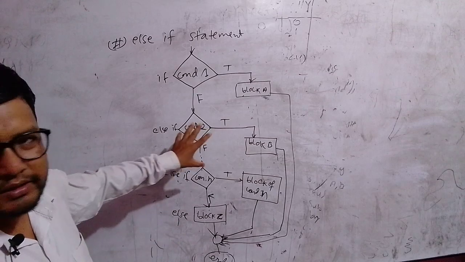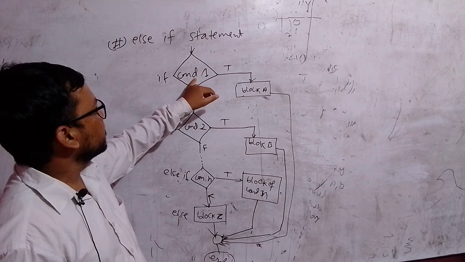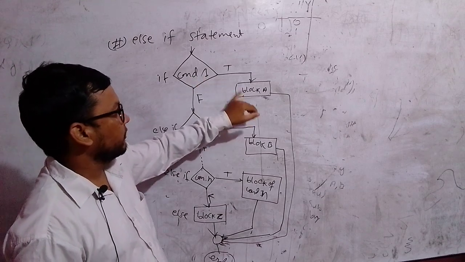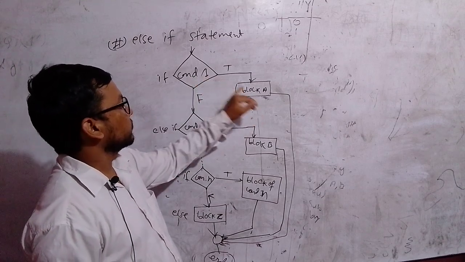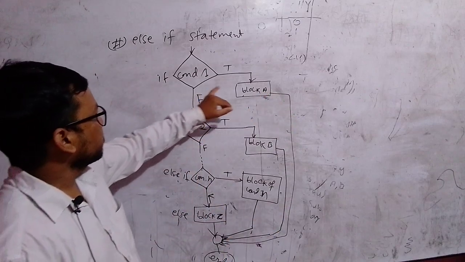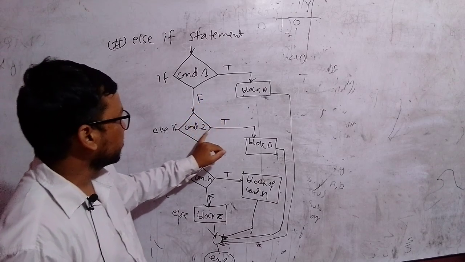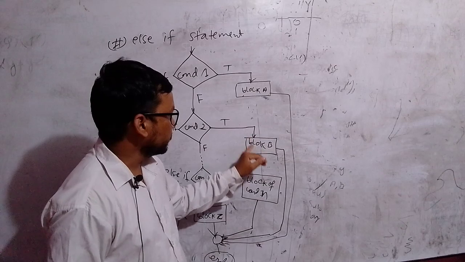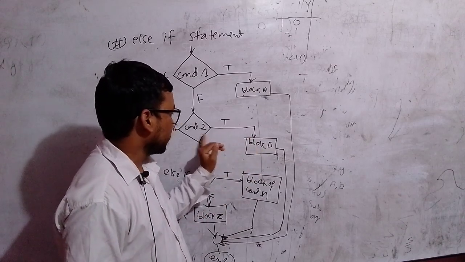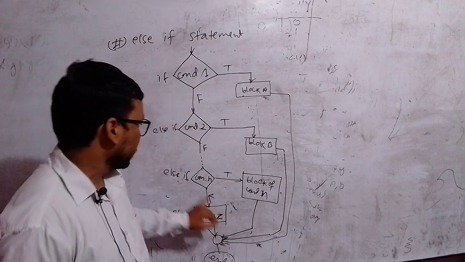Now look at here, this is the flowchart of the else if conditions. If the first condition is satisfied, then block A, the block of code of condition 1, will be executed and it goes to the end. If this condition is false, it checks another condition. If another condition is true, then the block of that condition will be executed, and it goes to the end.